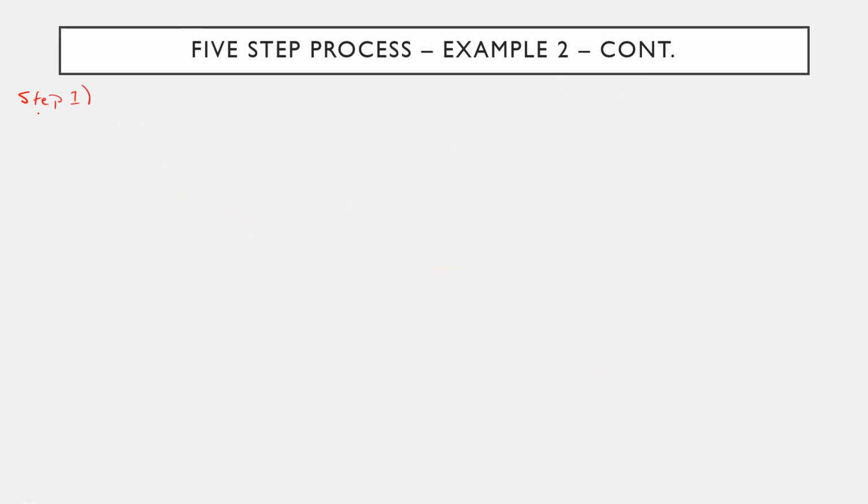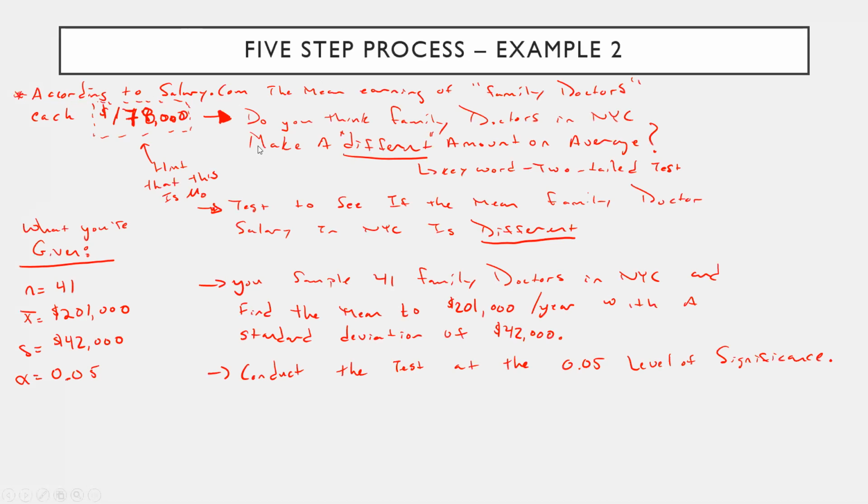Step 1. The first thing you need to do is define the parameter. So that's let mu equal to something. I'm going to go back for a second. We know what the mean family doctor salary is across the United States. What mean are we specifically looking at?